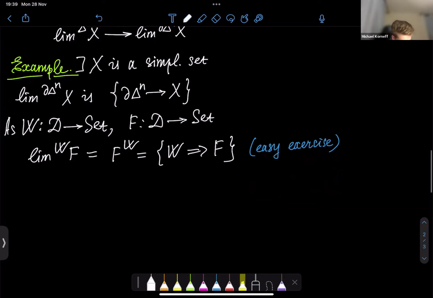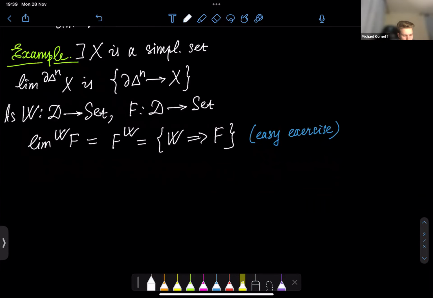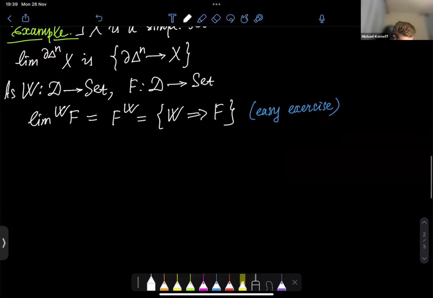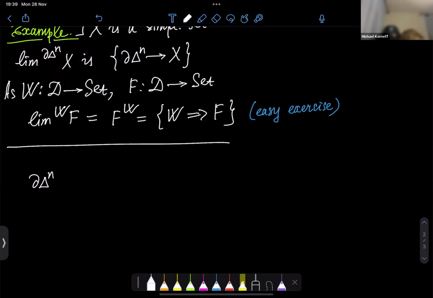Okay, now we want to obtain the following description of matching and latching objects in terms of limits and colimits. It is possible, and recall that we have the following isomorphism.